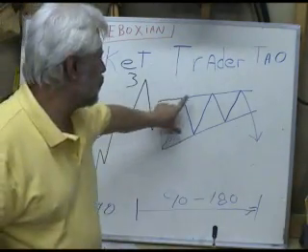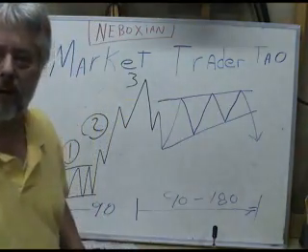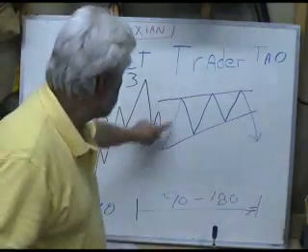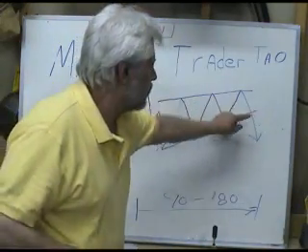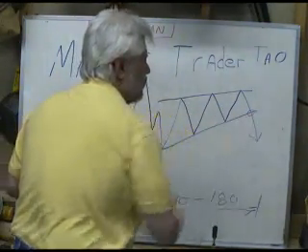Sometimes these patterns are large enough that you can trade them very much like a channel from the top to the bottom like this, and then wait for the breakout.